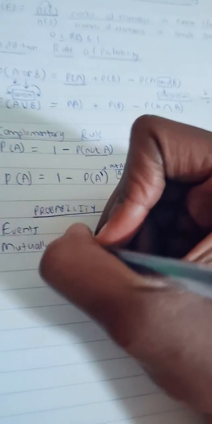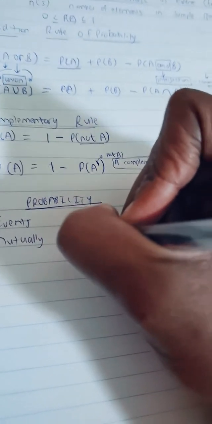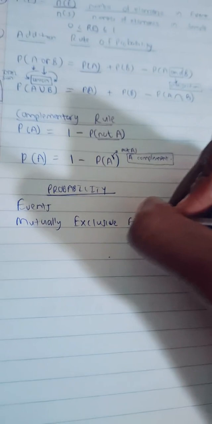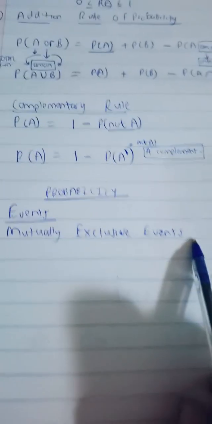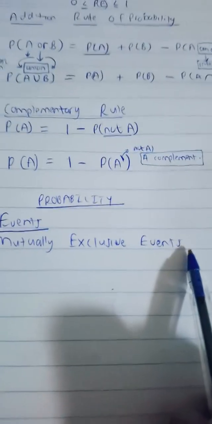So the first type of event that we have is what we call mutually exclusive events. What do we call it? We call it mutually exclusive events.